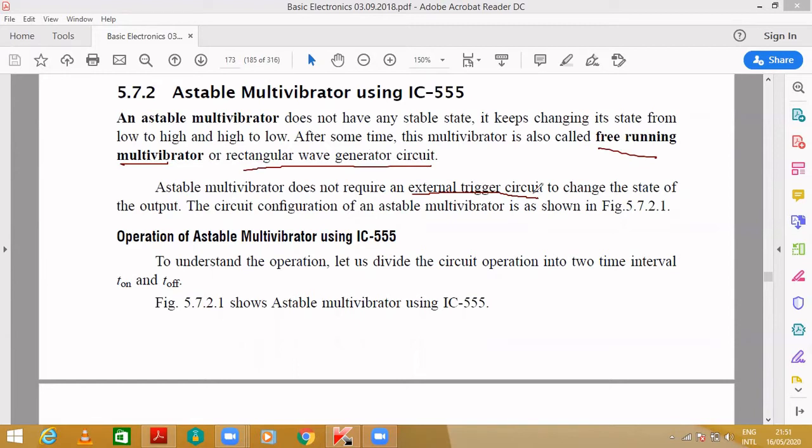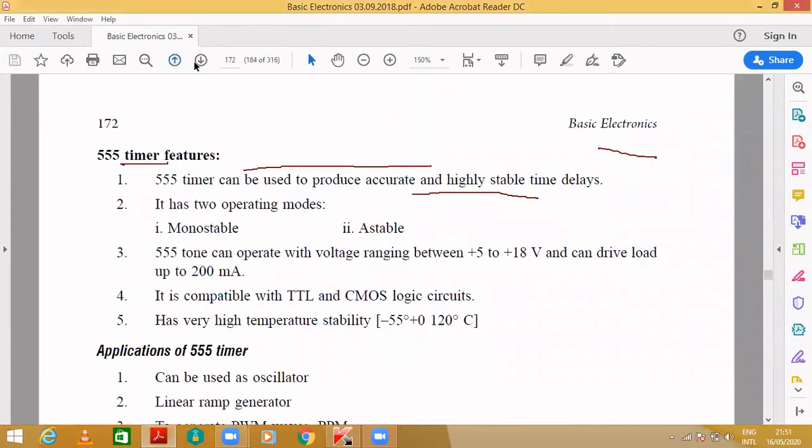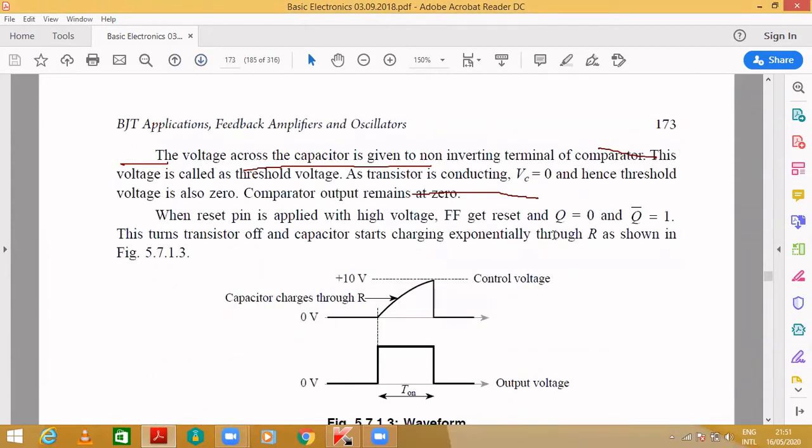To understand the operation, I already told about the basic timing circuit. This basic timing circuit will help us to know about the astable multivibrator.